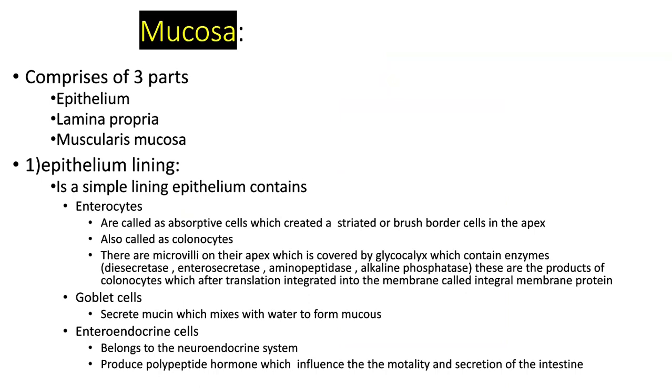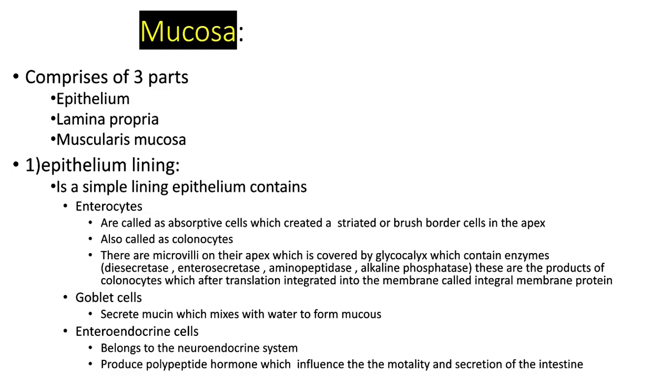They have microvilli on their apex, which is covered by the glycocalyx, which contains enzymes like disaccharidase, enterokinase, aminopeptidase, alkaline phosphatase. These are products of colonocytes, which after translation are integrated into the membrane, called integral membrane proteins.